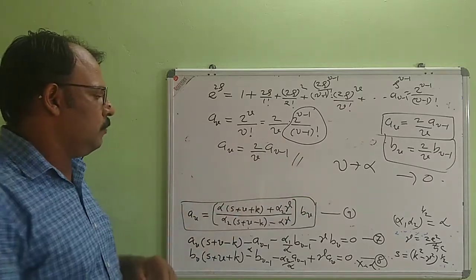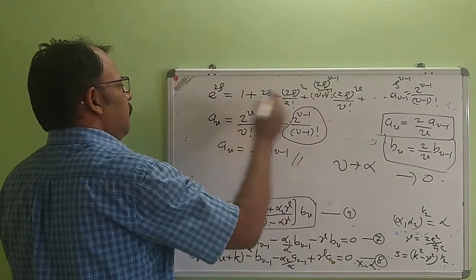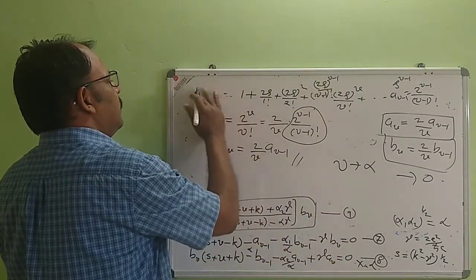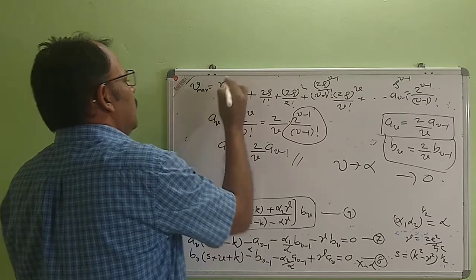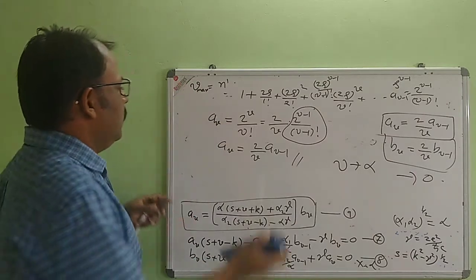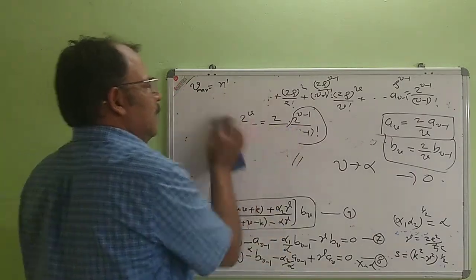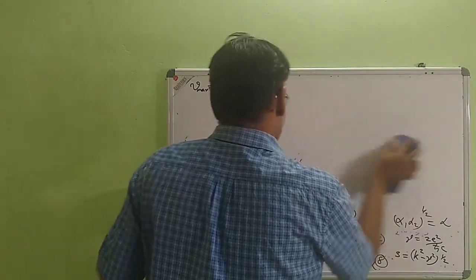So we will assume that the coefficients are 0 beyond a limit. That maximum value of v, I am taking it as n dash. When v reaches beyond n dash, then the coefficient should vanish.